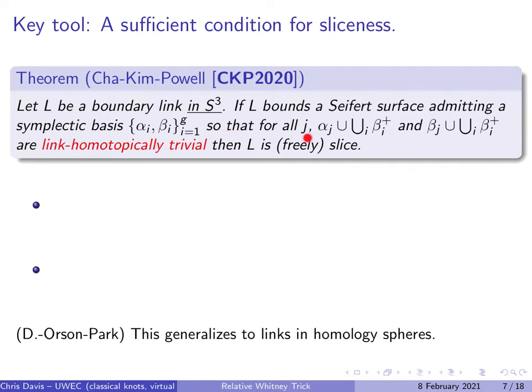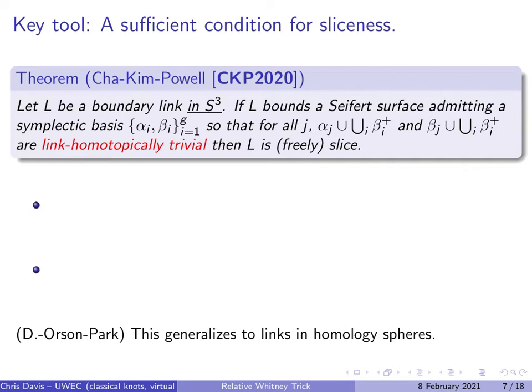But the additional condition is that for every J between 1 and G, the genus of the surface, the link consisting of AJ together with all of the positive push-offs of the BIs, is link homotopically trivial, and the link you get by starting with any of the BJs and then taking all of the push-offs of the BIs is also link homotopically trivial, then the link itself is freely topologically slice.